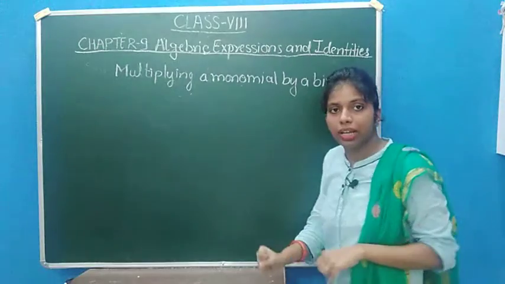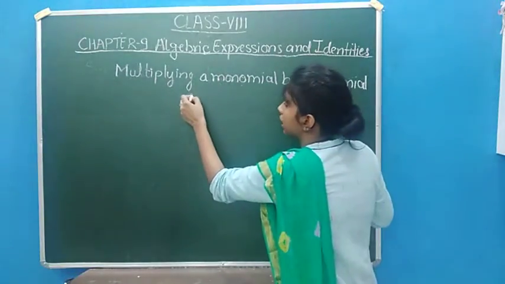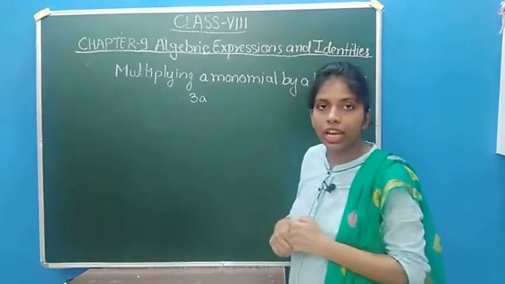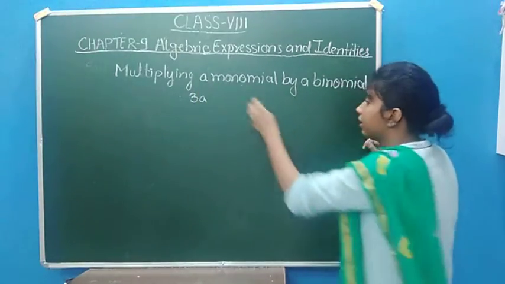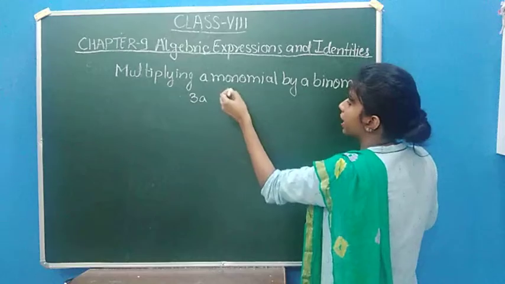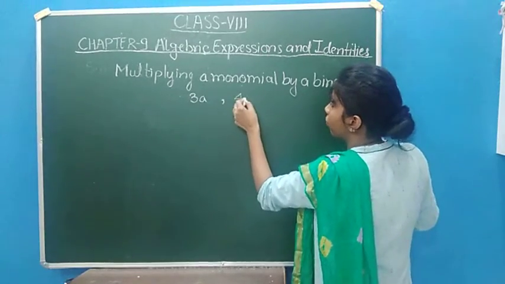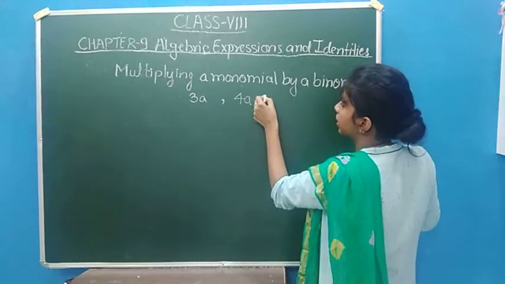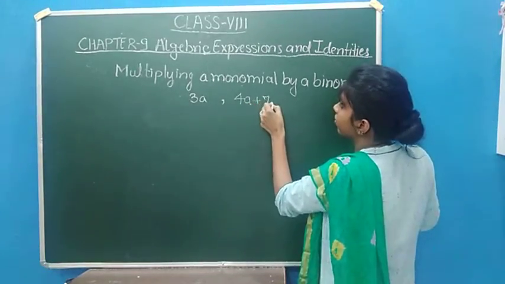So I am taking a monomial, suppose it is 3a, and a binomial like 4a plus 7b.